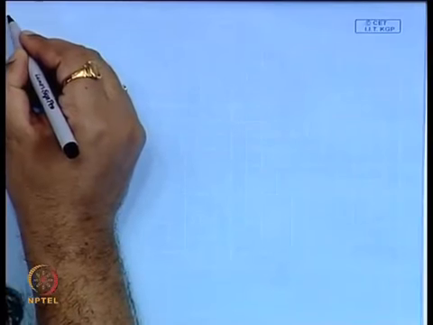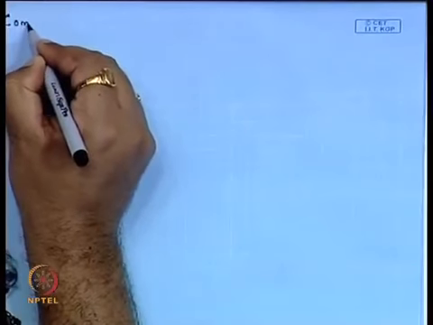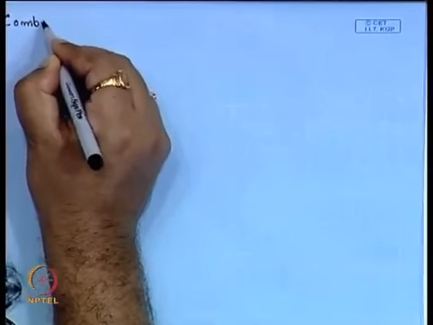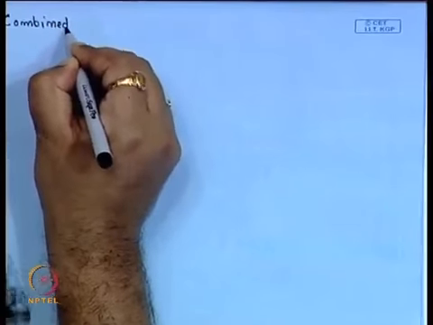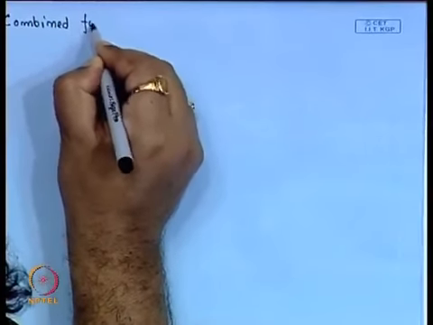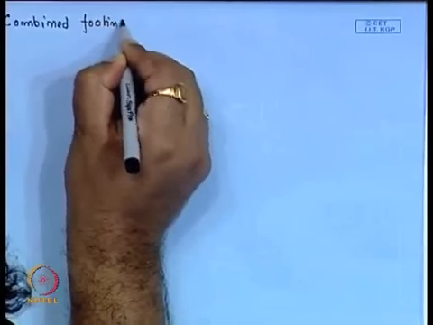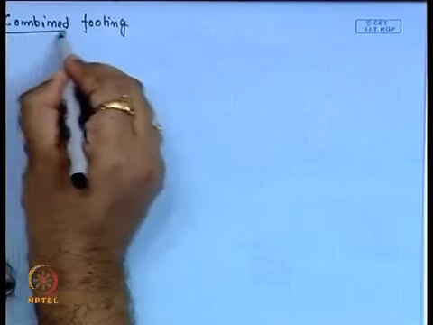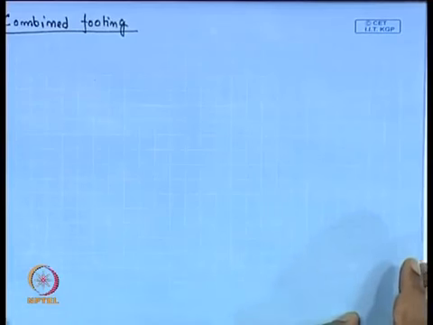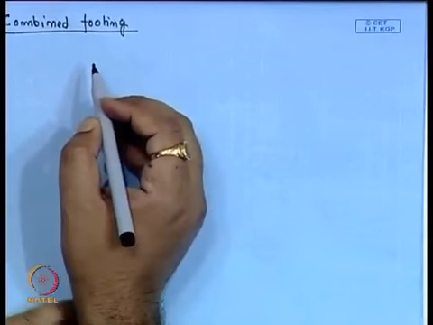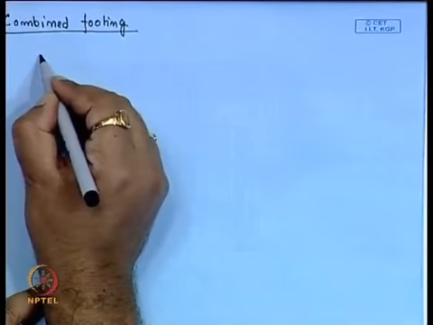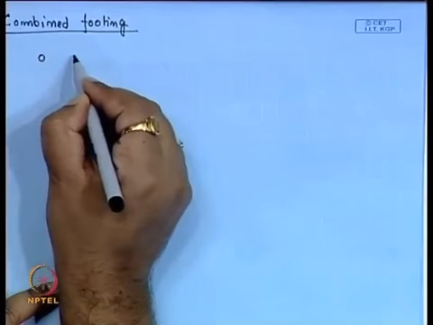Now, the combined footings. Last class I discussed the design of isolated footing. Here, suppose these are the column arrangements.